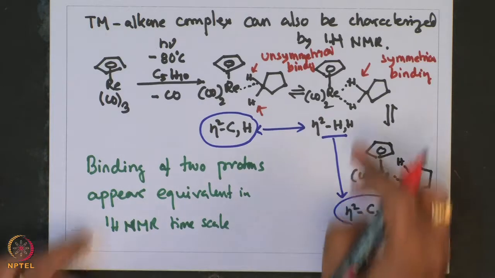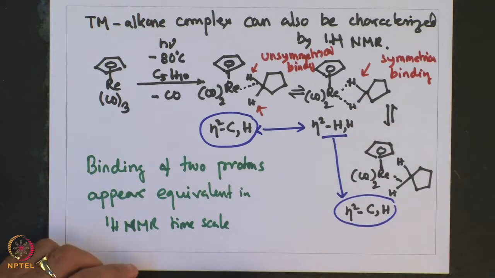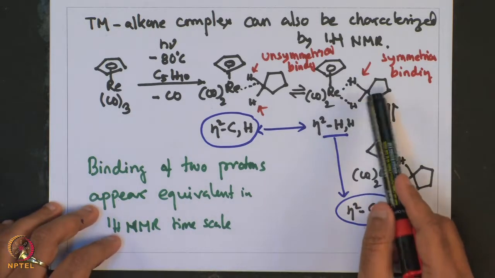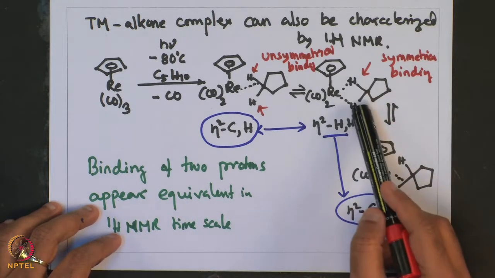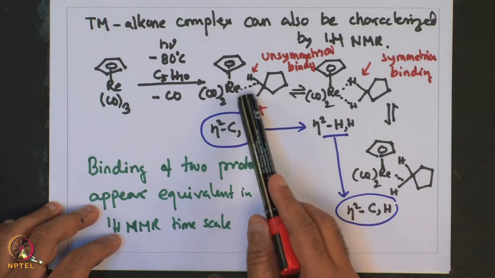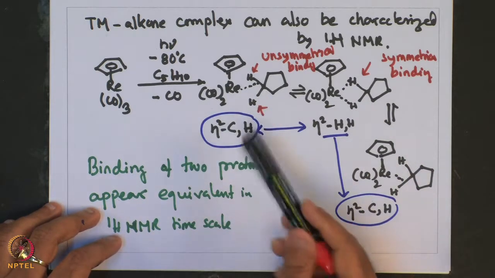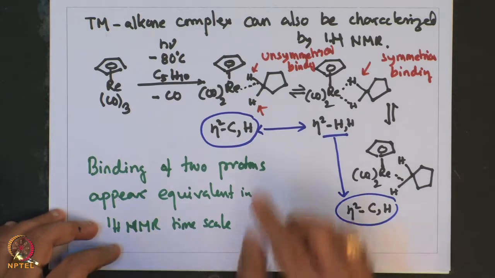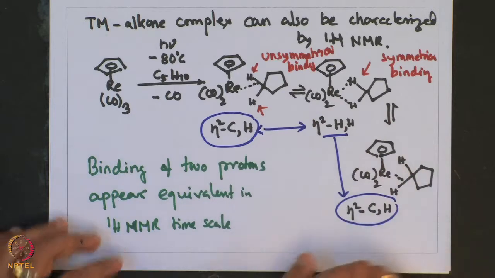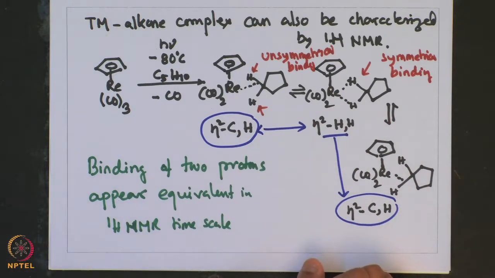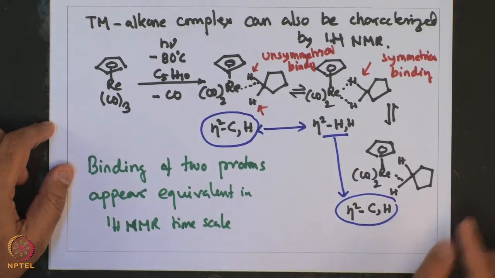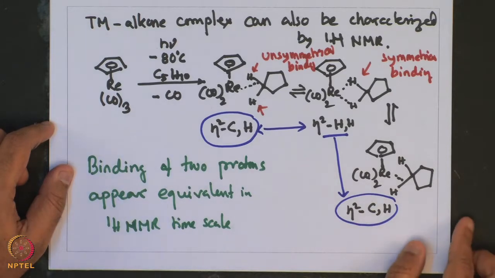A symmetrical binding would predict a single proton resonance for the two hydrogens, whereas the unsymmetrical binding would predict two different resonances for these two hydrogens. But as this exchange is very rapid, only one set of resonances appears in the NMR time scale.